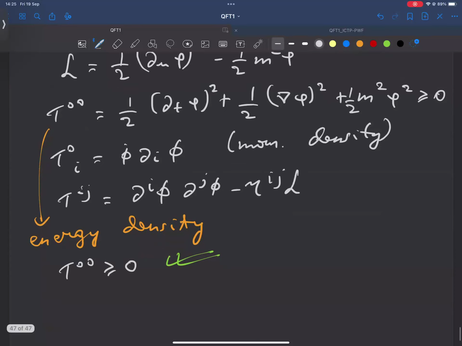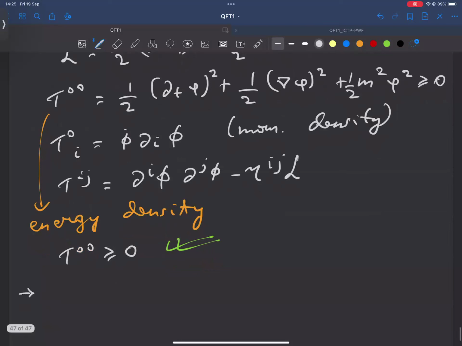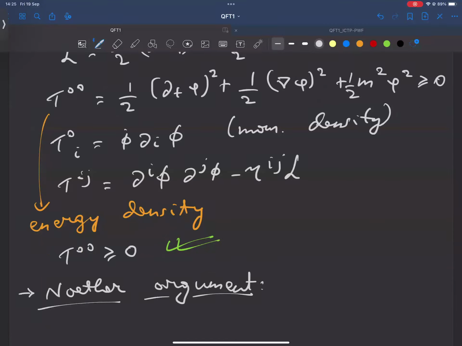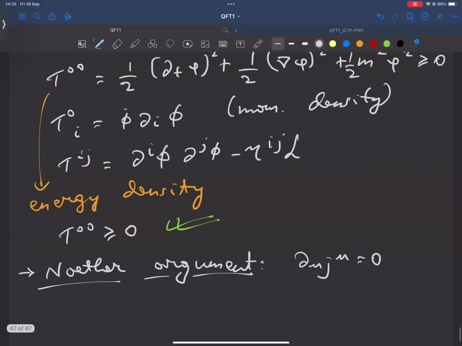Okay. Now, there is one more thing that I should say about the stress tensor, which is important. So in the normal Noether argument, which is like the proof that we did, we normally write down conservation equations like this, where J mu was the conserved current.